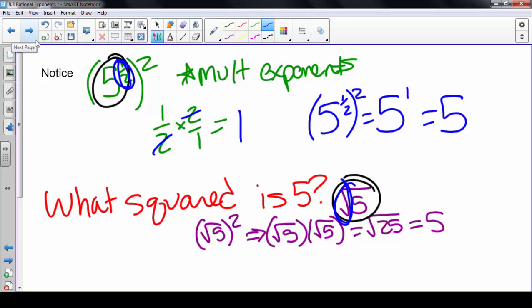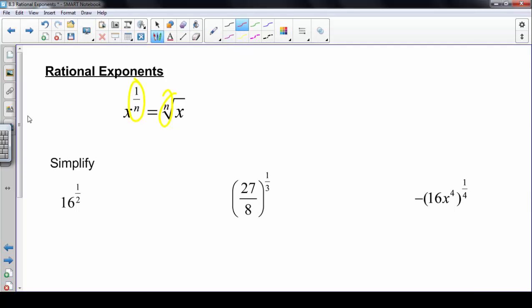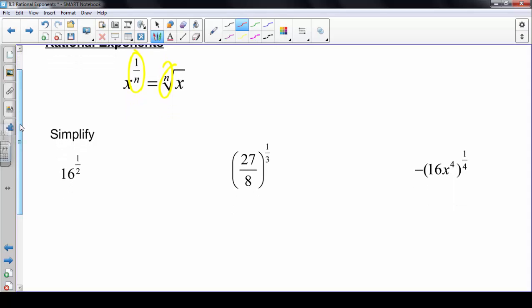So we can generalize this to give us this rule. So an exponent of a fraction, like this right here, is the same as in the denominator as whatever our index is. So for example, for this first one, 16 to the 1/2, all this means is the square root of 16.